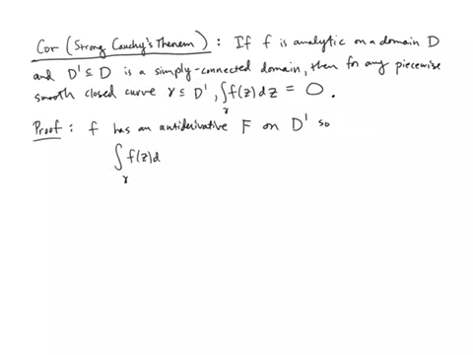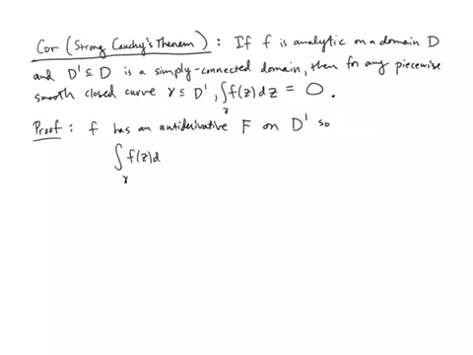Suppose f is analytic on a domain D, and we have a disk, so we'll fix a disk around a point of a particular radius that fits inside that domain.